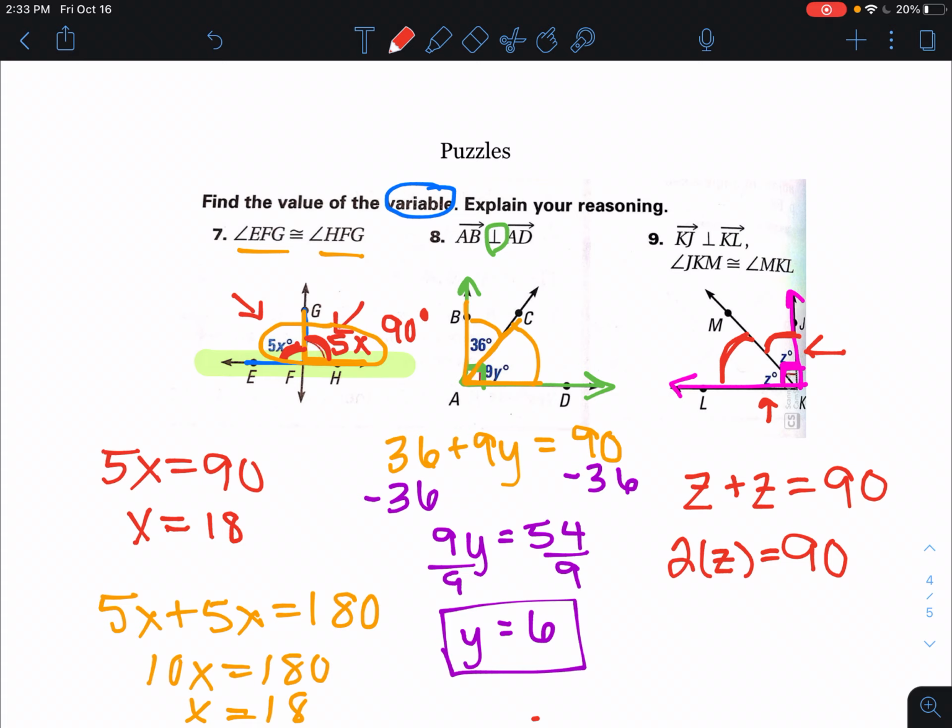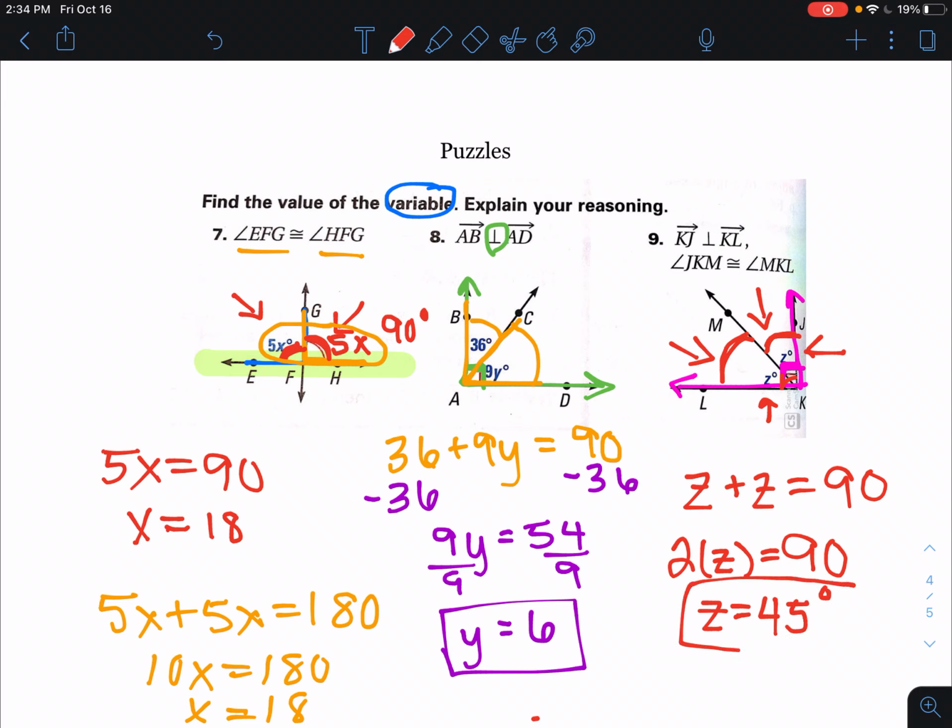Now this might remind you a little bit of bisecting, because it is. But we found it by saying that we have two lines that are perpendicular making 90 degrees, and then two congruent angles making up that 90-degree angle. So we did a little bit of logic and said, okay, z plus z must equal 90. 2 times z equals 90. What's z? 45.